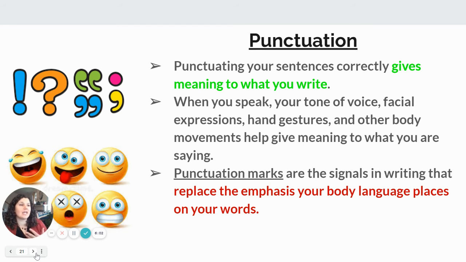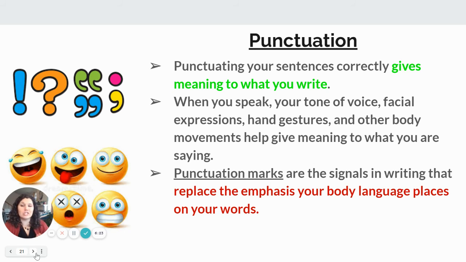Think of it like facial expressions. Your facial expressions, your hand gestures, your body language helps the person that you're talking to understand what you mean. With our tone of voice, how we speak, those help create meaning.